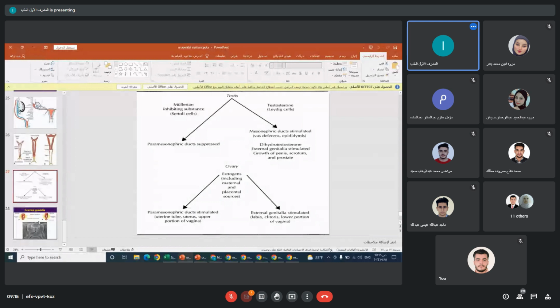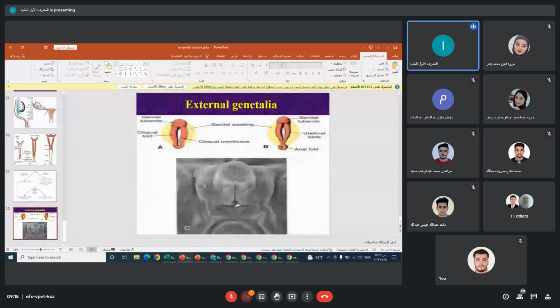Okay. Now we come to the external genitalia. In the external genitalia, we said this is the cloacal membrane. We can see here a swelling called genital swelling, and you can see here the mesenchymal cells migrate around the cloacal membrane, and they form some elevation called the cloacal fold.